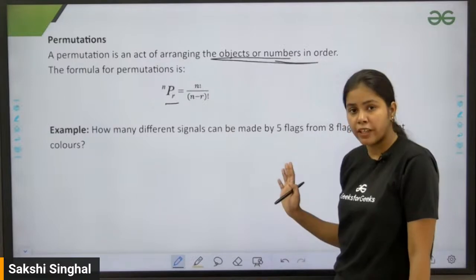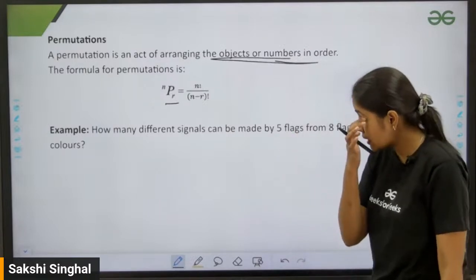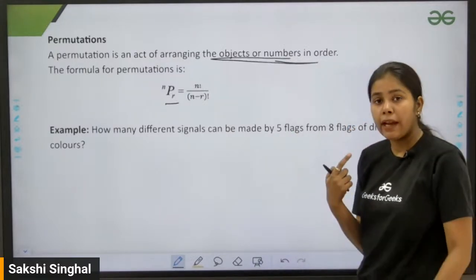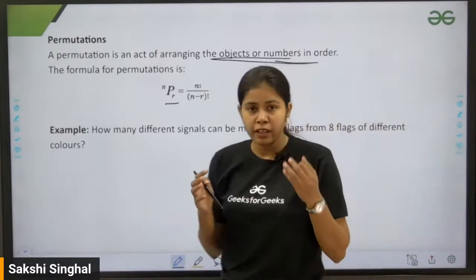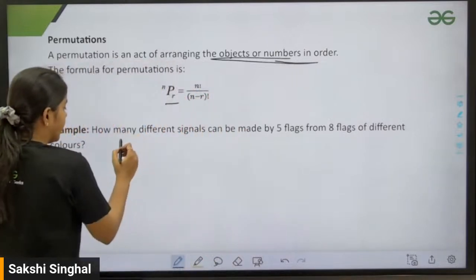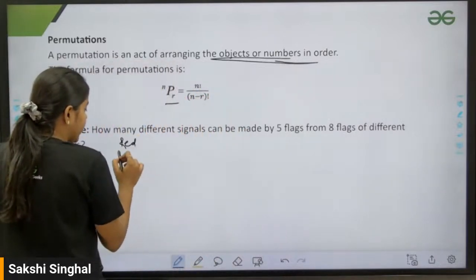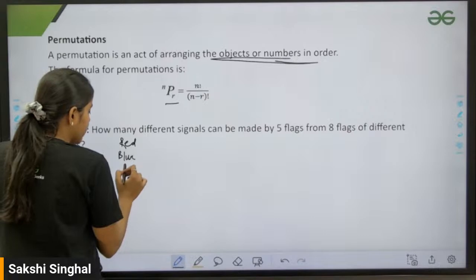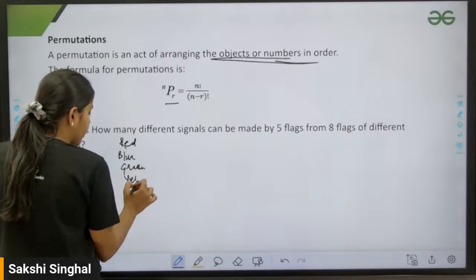Permutation is an act of arranging the objects. We have to form a signal, and in signals order matters. Let's say I have some colors: red, blue, green, then yellow, and then orange.